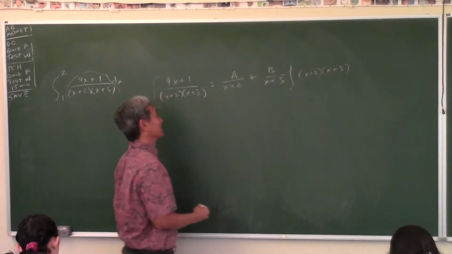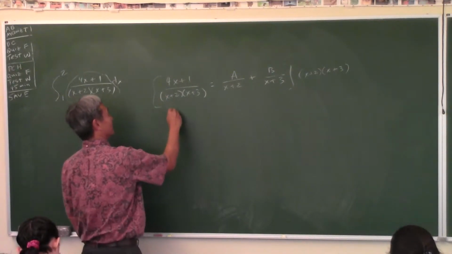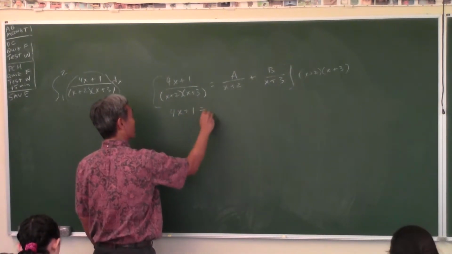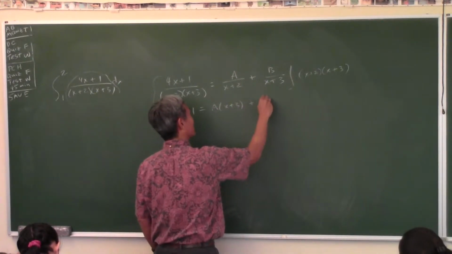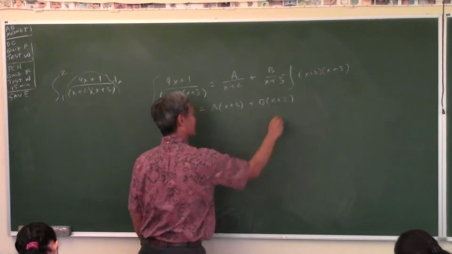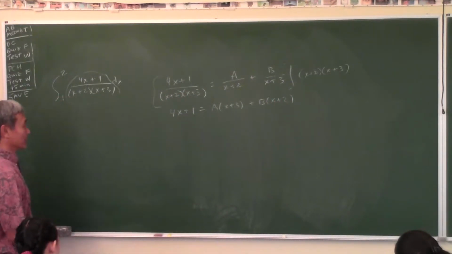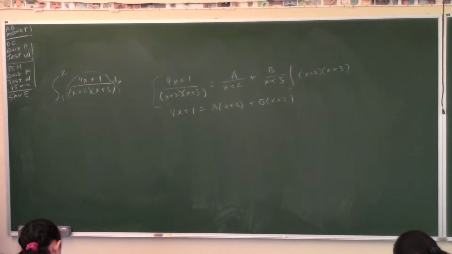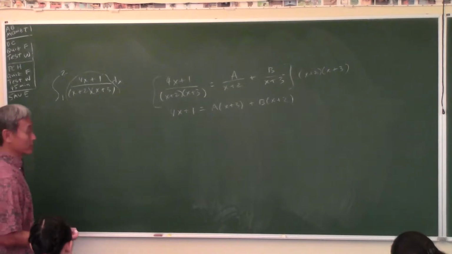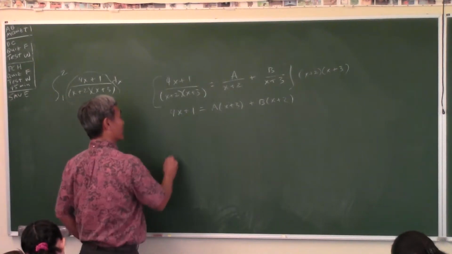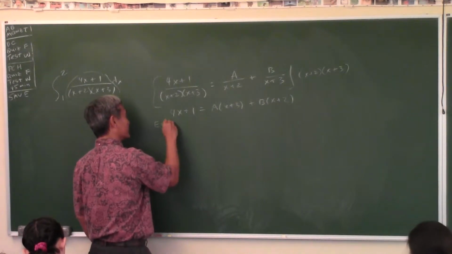What are you going to get? 4x plus 1 equals A times x plus 3 plus B times x plus 2, right? You're multiplying the whole thing, both sides of the equation. Once you get to this step, there are two methods you can do. I'm going to teach you both. The first one is called equating the coefficients.